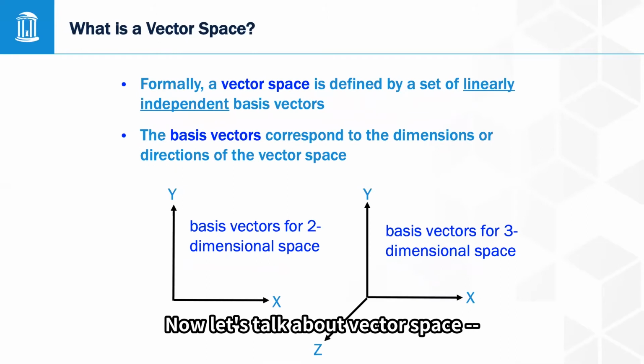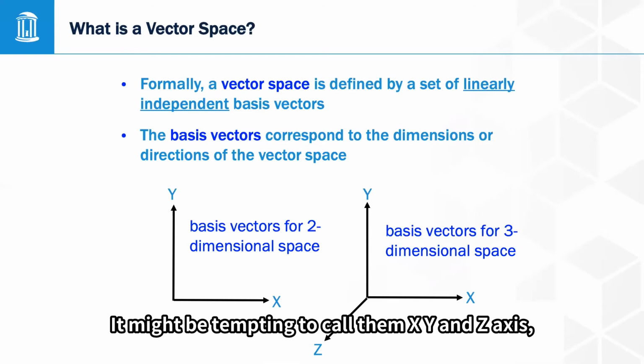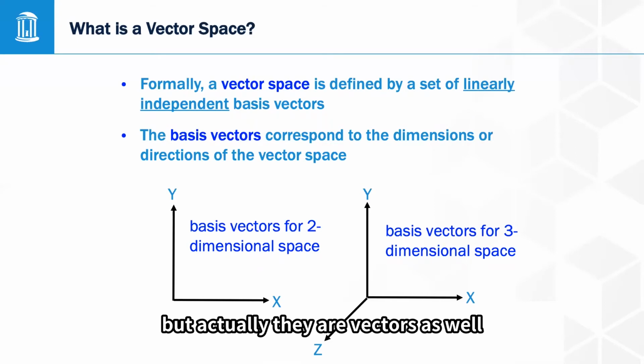Now let's talk about vector space, the space that contains vectors. You may have already noticed the black arrows in the previous slides. It might be tempting to call them x, y, and z axes, but actually they are vectors as well. We call them basis vectors since they are the ones that define or form the basis of our vector space.